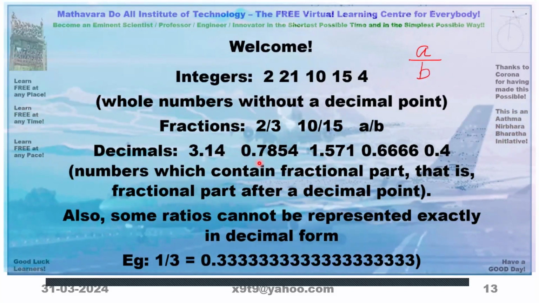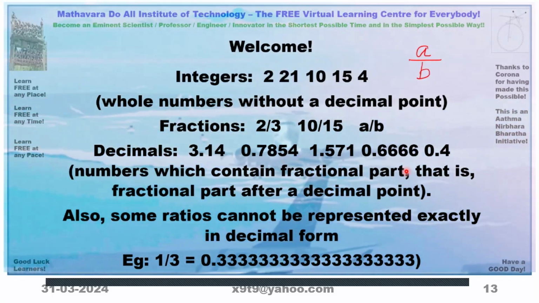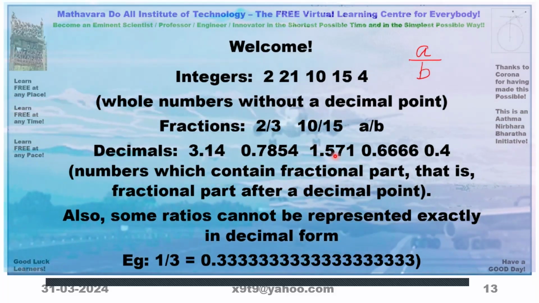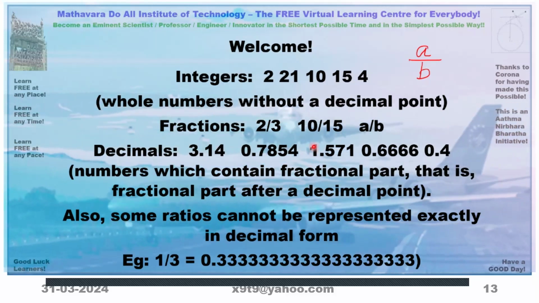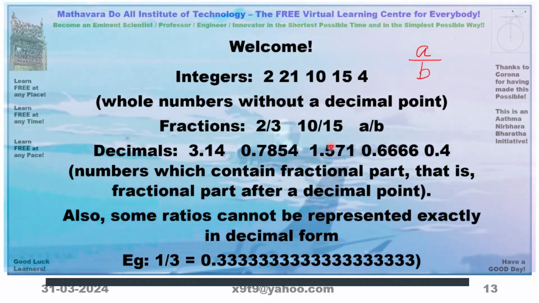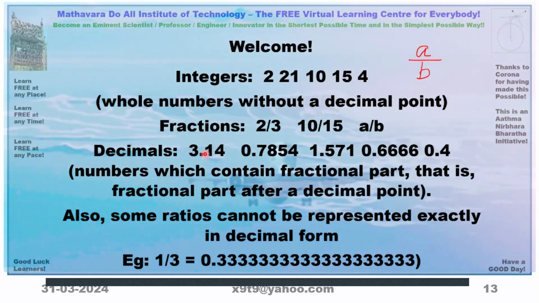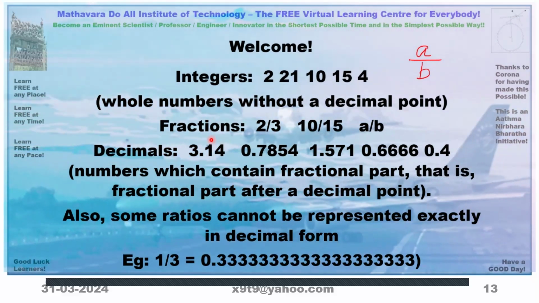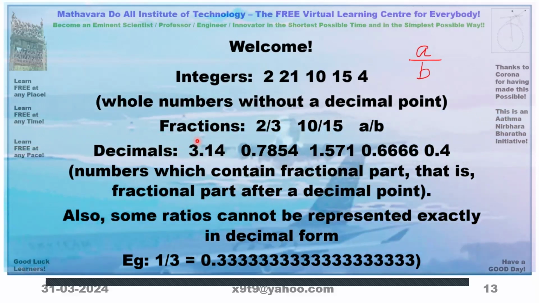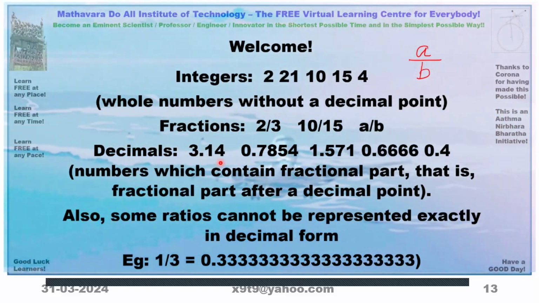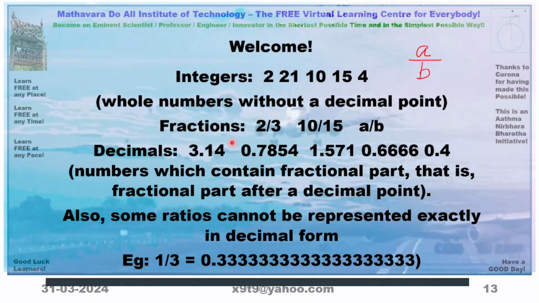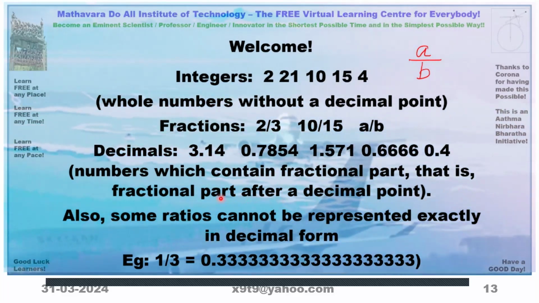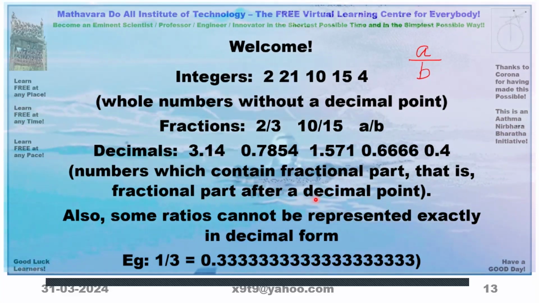This one does not contain a whole number, only a fractional part. Same thing is here. This has a whole number 1 and a fraction of 0.571. This has a whole number 3 and a fractional part 0.14. So numbers which contain a fractional part have it after the decimal point.